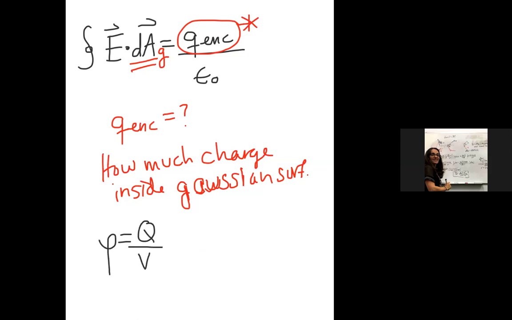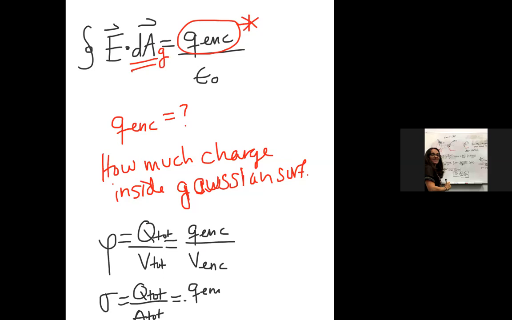But if it's uniform, I can look at the totals or I can look at bits and pieces. We could also have a surface. And if it's uniform, we can have the total over the total surface or a little bit of it over the little bit of surface. This holds for uniform rho or sigma.